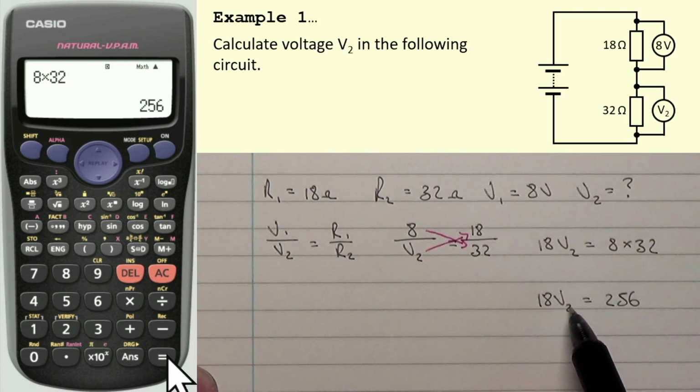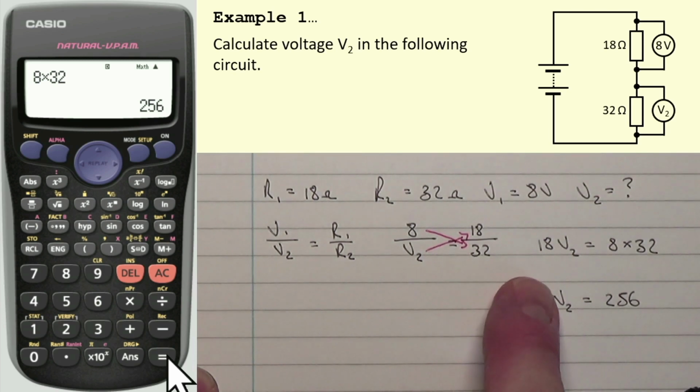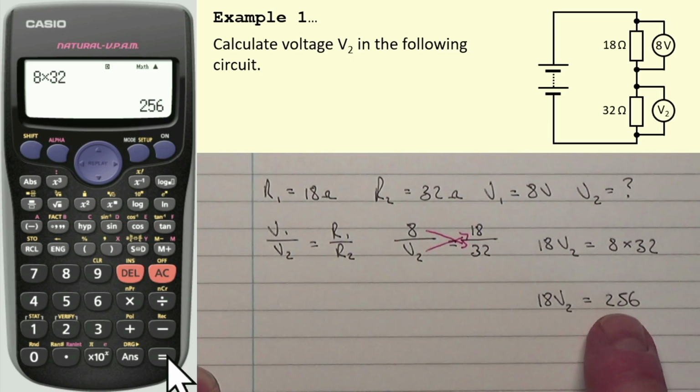And that means that now I want to find V2. At the moment, V2 is being multiplied by 18. So to get rid of the 18, I want to do the opposite of multiplication. I want to divide this side by 18, but I'll have to divide this by 18 as well.